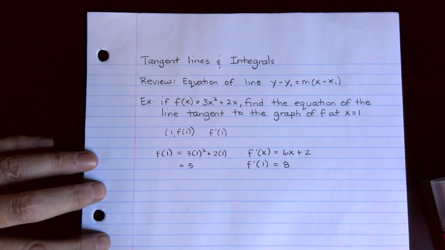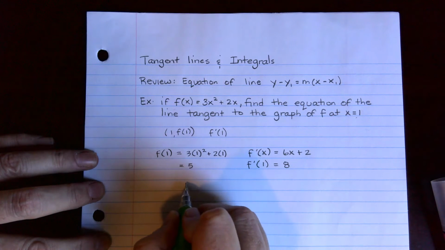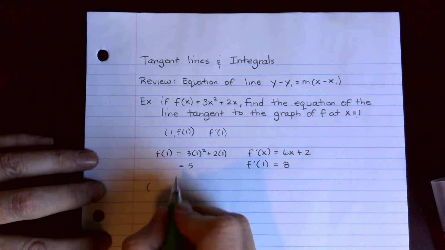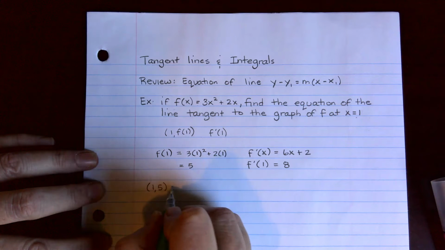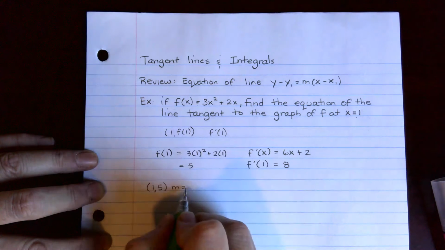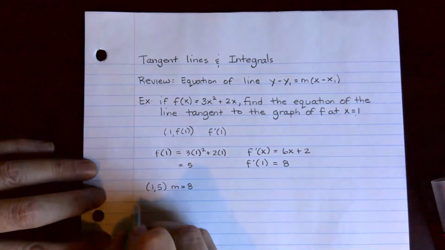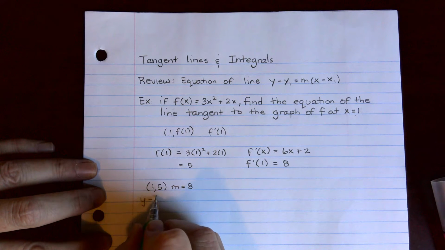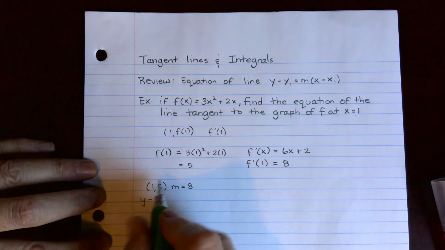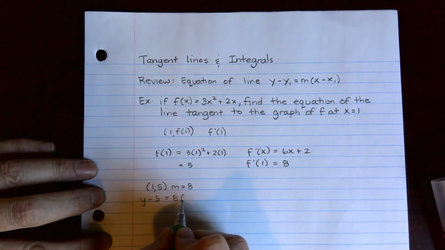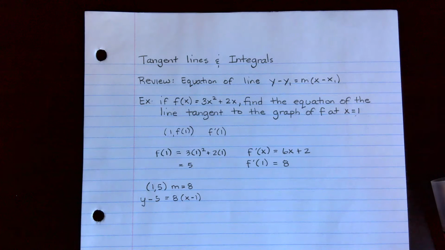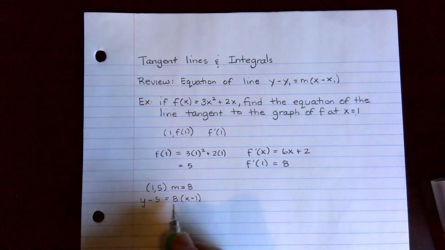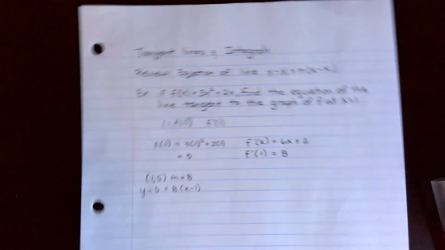Now I want you to make sure that you totally understand that we're looking for the equation of the line that goes through the point (1, 5), and it has a slope of 8. So we'll just do y minus y1 equals m times x minus x1. Remember that as far as the AP exam, we could leave the equation like that.